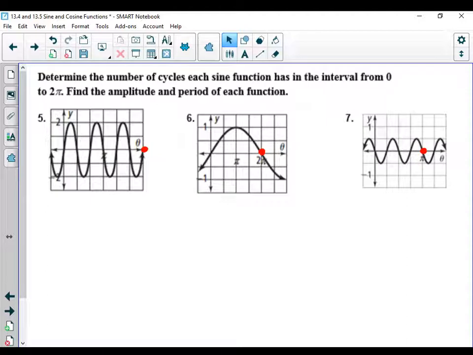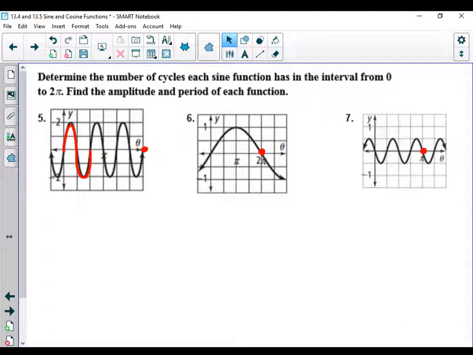Okay, so let's look at the first one. I know that one complete cycle is that much right there. I can take that little squiggly line right there and copy paste it all the way through. If I only did the top part, I would only have the top part. If I only did the bottom part, I'd only have the bottom part.